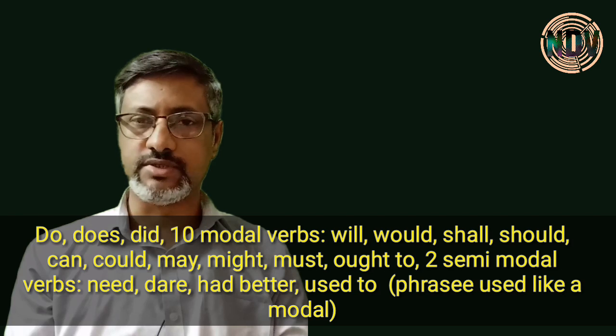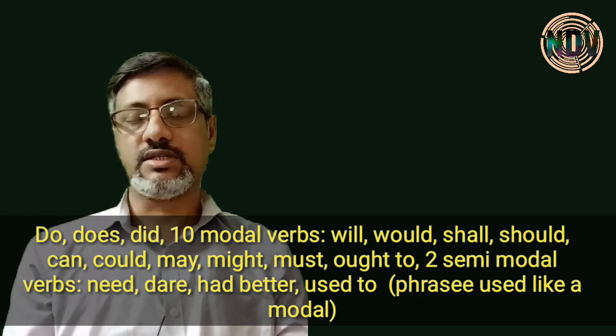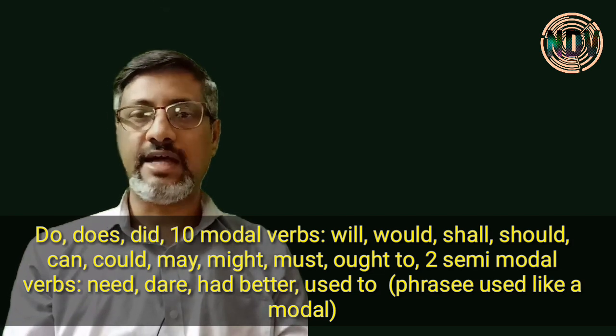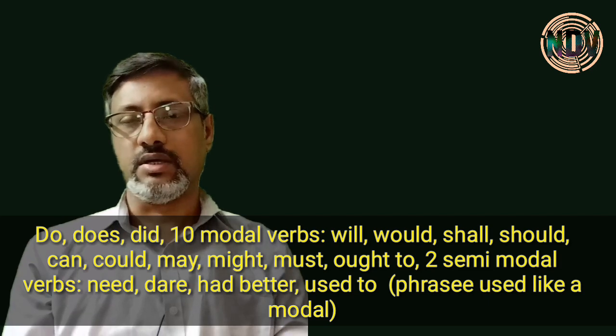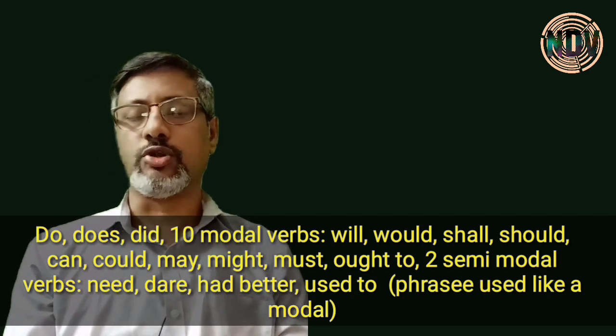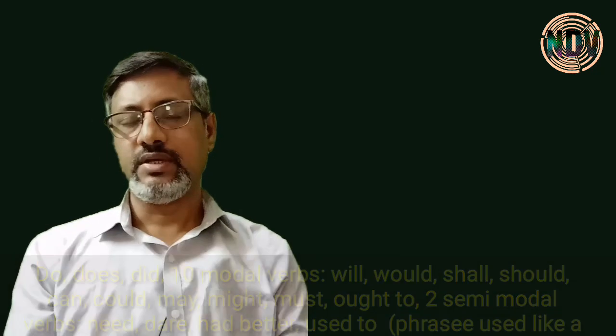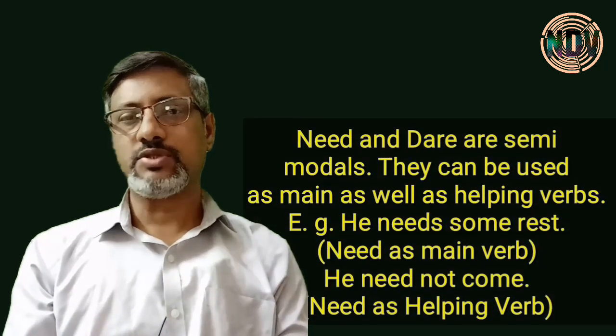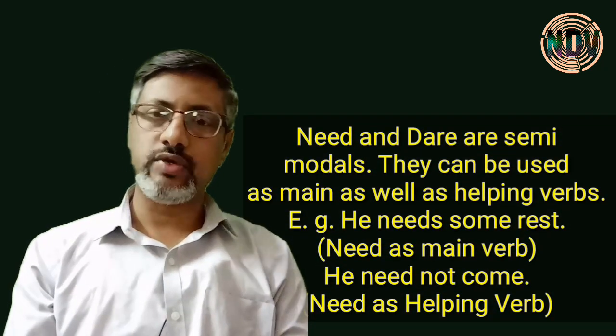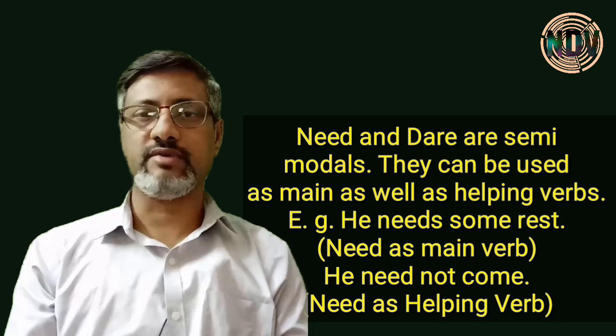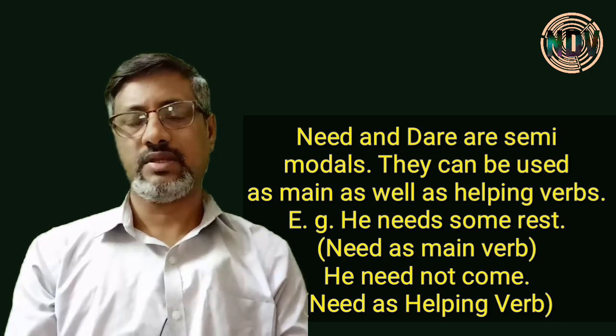These 10 modal verbs. And there is a special expression, had better. And we have 2 semi-modals, need and dare. So it comes to 27. These 27 helping verbs are very commonly used in English.